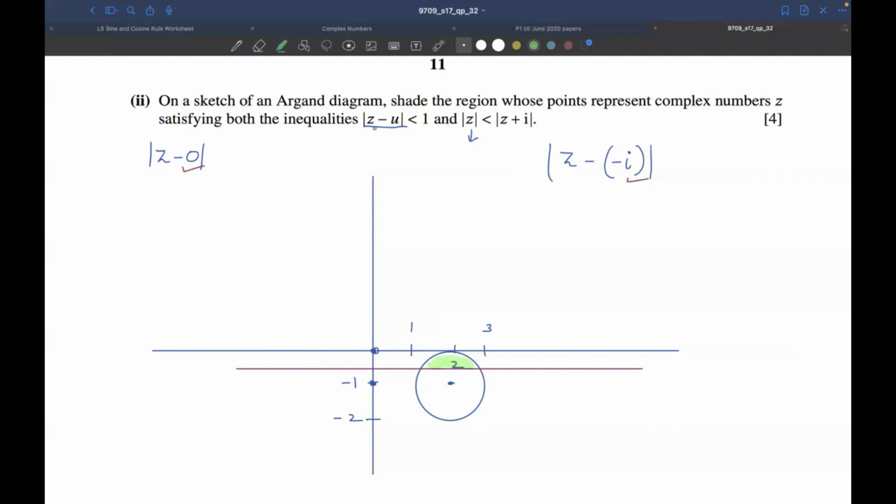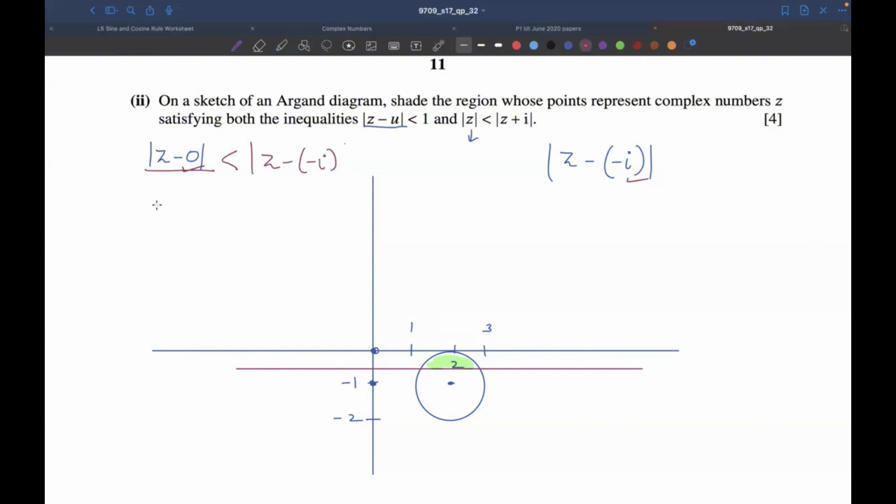Again, if we have |z − u| < 1, it means that the distance of z from the point u is within 1 centimeter. So first we make a circle of radius 1 centimeter, and then what this means is that the distance of z from the origin is lesser than the distance of z from the point −1.